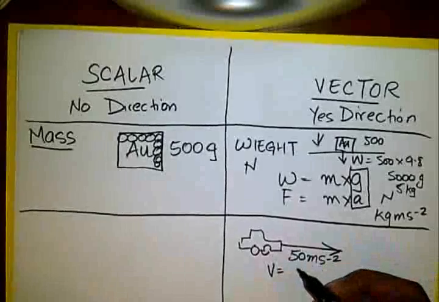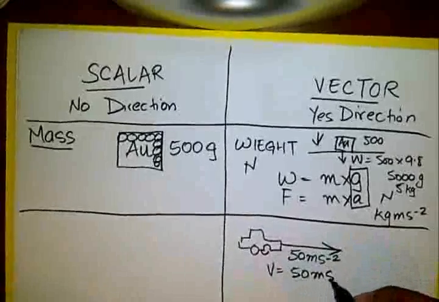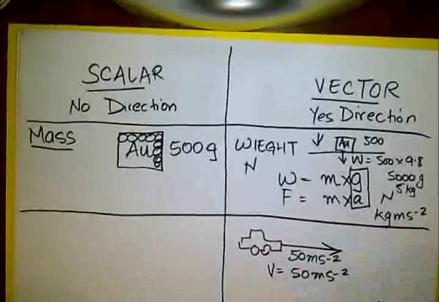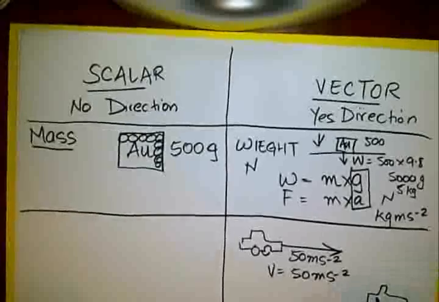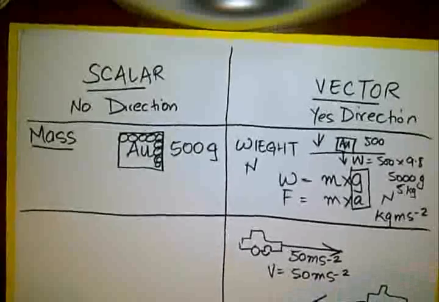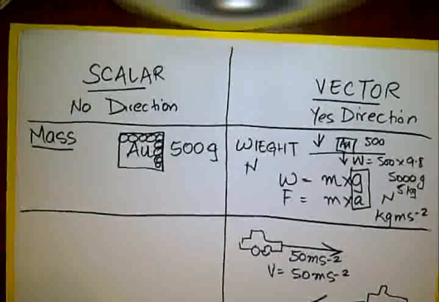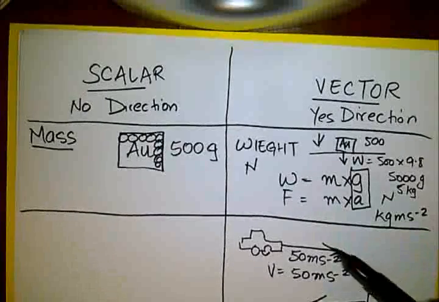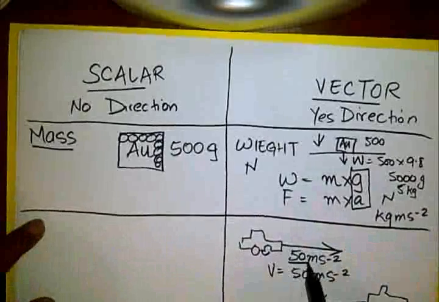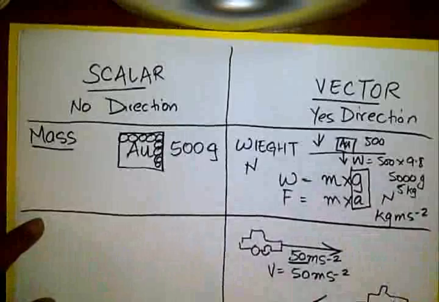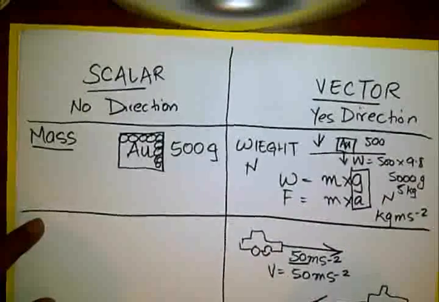Now people say, yeah, its velocity is 50 meters per second. Say the same car, we have the same car going in this direction at 50 meters per second. What would its velocity be? Since we knew that this one is going in this direction and it's 50, obviously this one going in the opposite direction would also be 50, but with a minus sign.